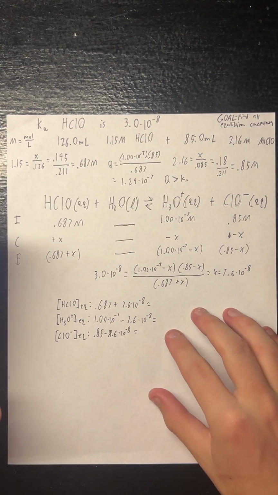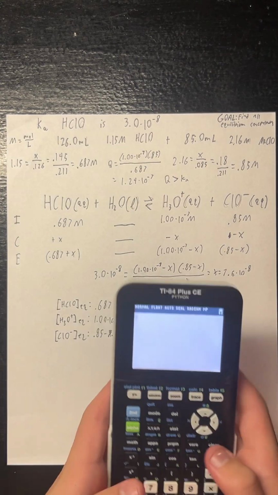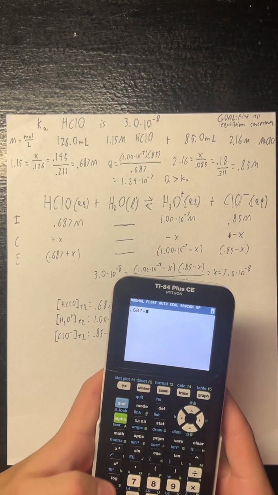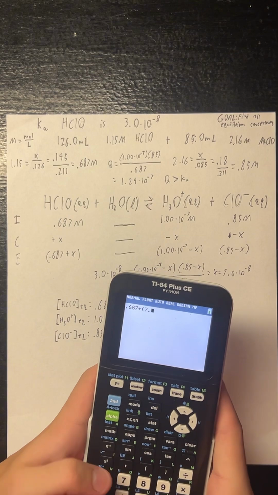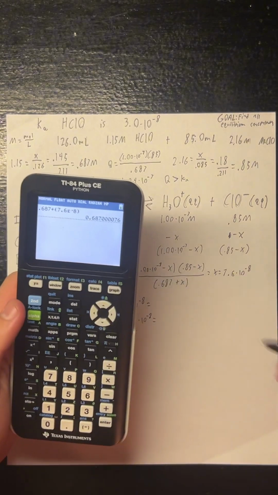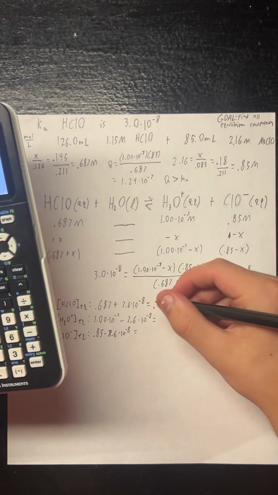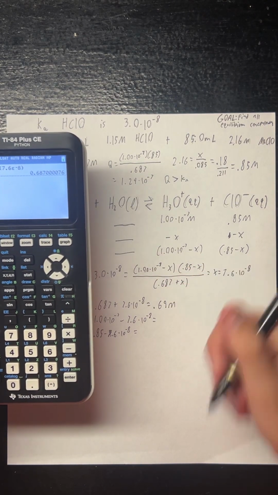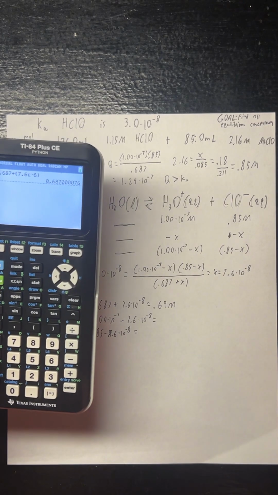Now we can plug all those numbers in. 0.687 plus 7.6 times 10 to the negative 8 comes out to 0.69 molar, since 2 sig figs.